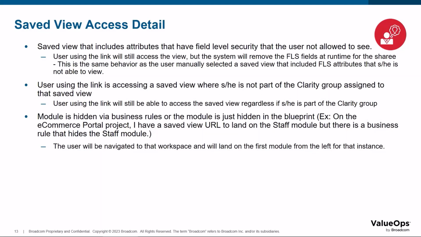User using the link to access a saved view where he or she is not part of a Clarity group assigned to the saved view. In that case, the user will be able to access the saved view in a temporary mode.